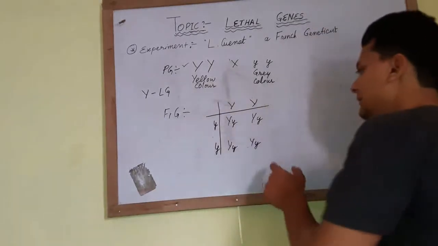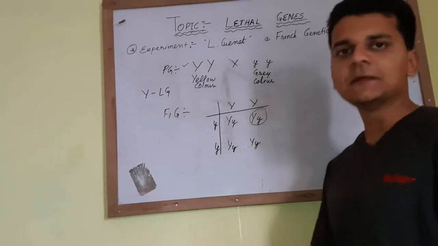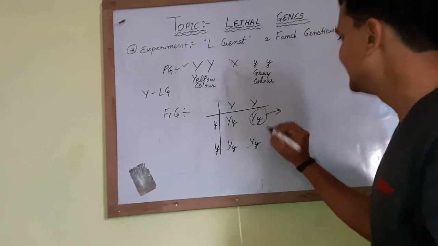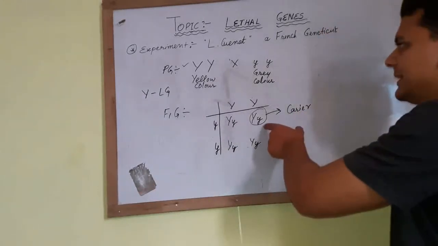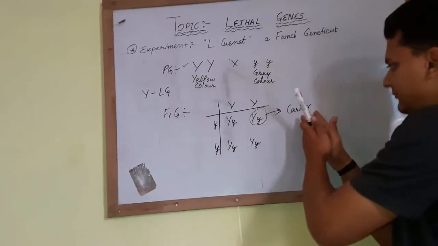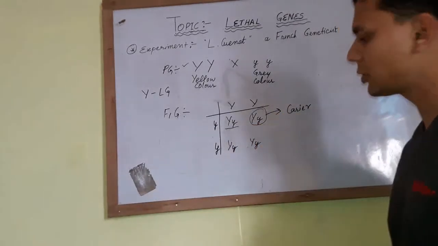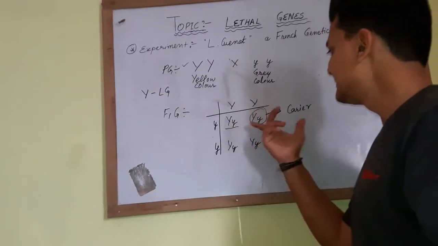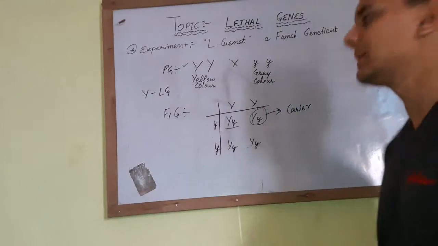One thing I must tell you: a heterozygous offspring will work as a carrier of the lethal gene. When two of the heterozygous offspring are crossed with each other, they will work as lethal gene carriers. I will demonstrate this now.